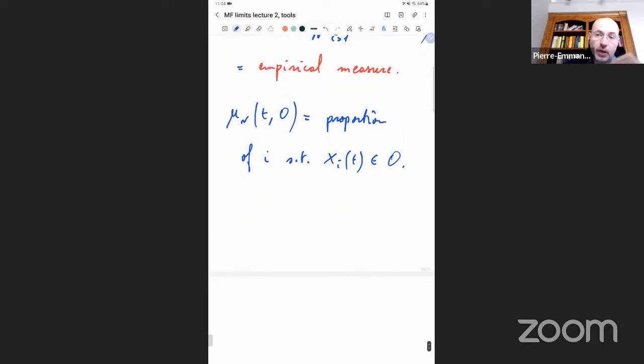Now, mu n is a measure. It's a Radon measure on R^d or whichever space the Xi belong to.